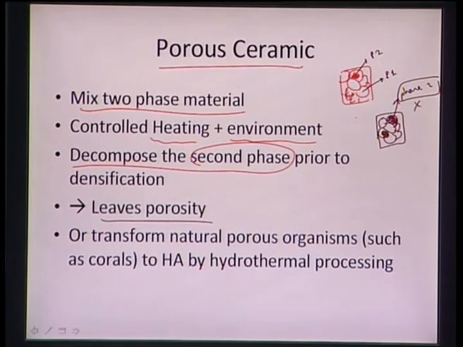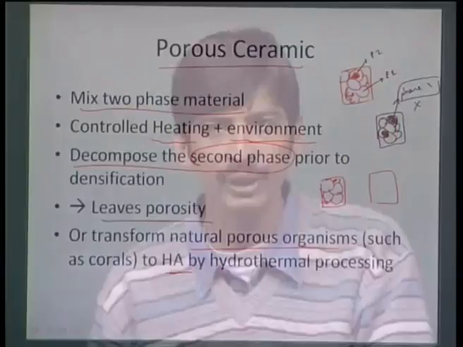Or we can also have phase 1 and phase 2, but in this particular case, we can let the second phase transform to hydroxyapatite. So what we are doing, we are taking some natural porous organisms, such as coral. It already has certain porosity in it. So corals will definitely have some porosity inside them, which can vary from the size of the porosity to their connectivity, but they will have very good interconnected porosity with certain pore size.